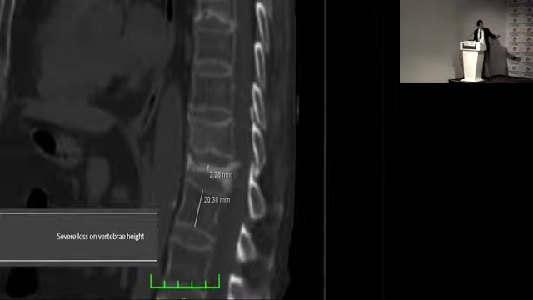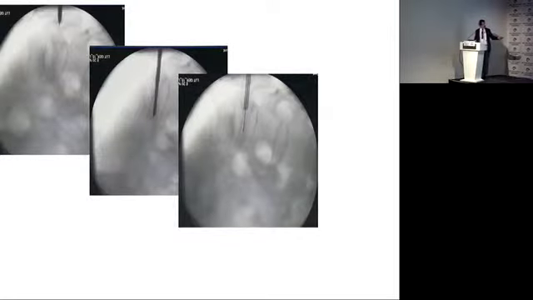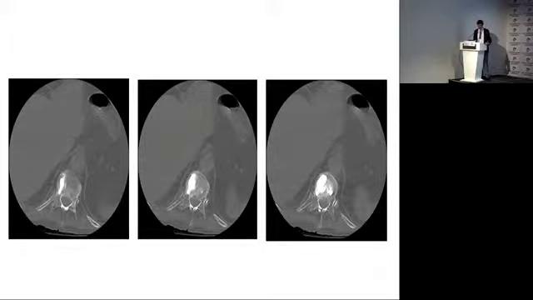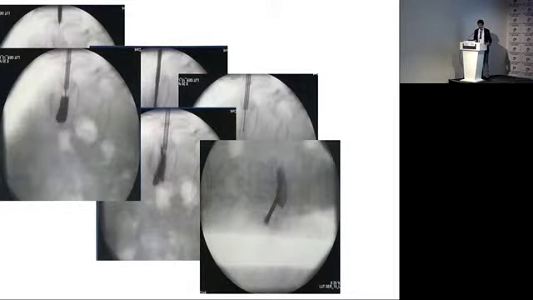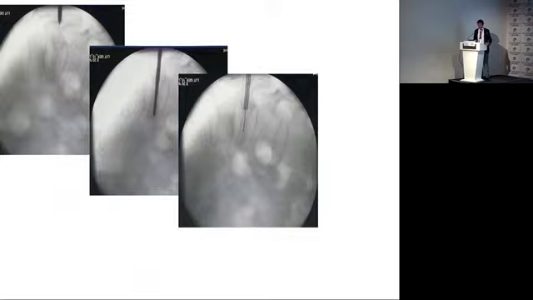As you've seen, there is a severe loss of vertebral height. Under fluoroscopic guidance, unilateral kyphoplasty was performed.